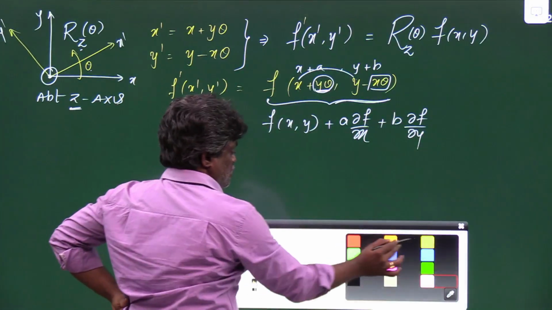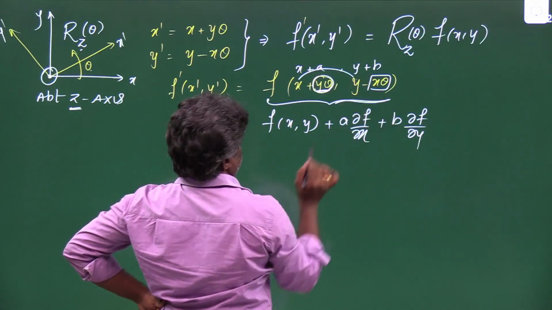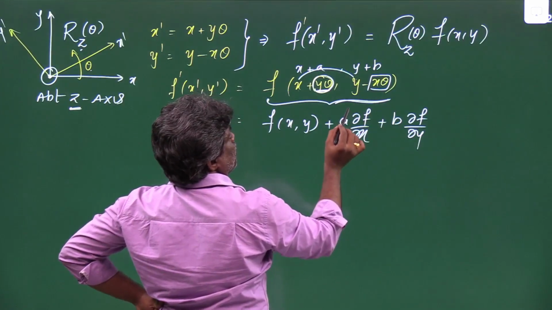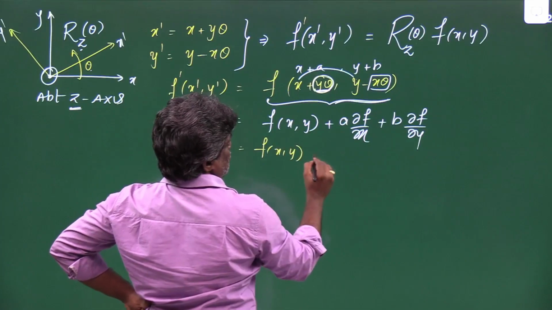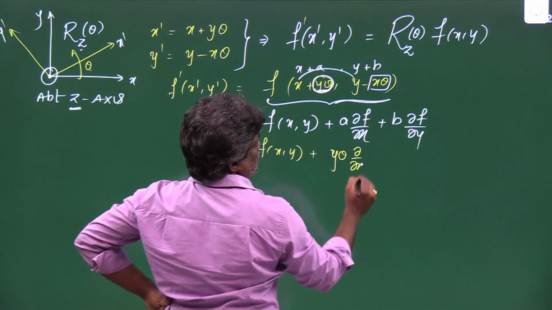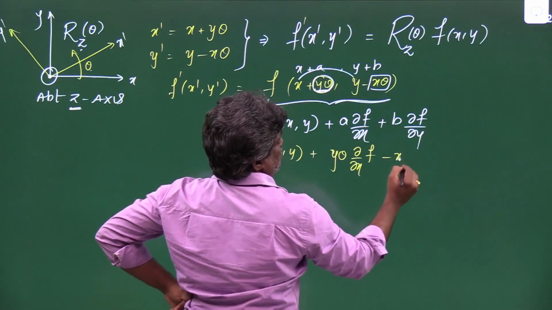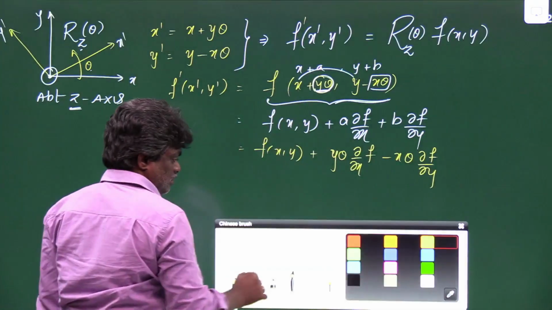That's it. Now substitute. What is a? y theta. What is b? Minus x theta. That's it. f of x, y plus y theta del f by del x minus x theta del f by del y. Is it okay?